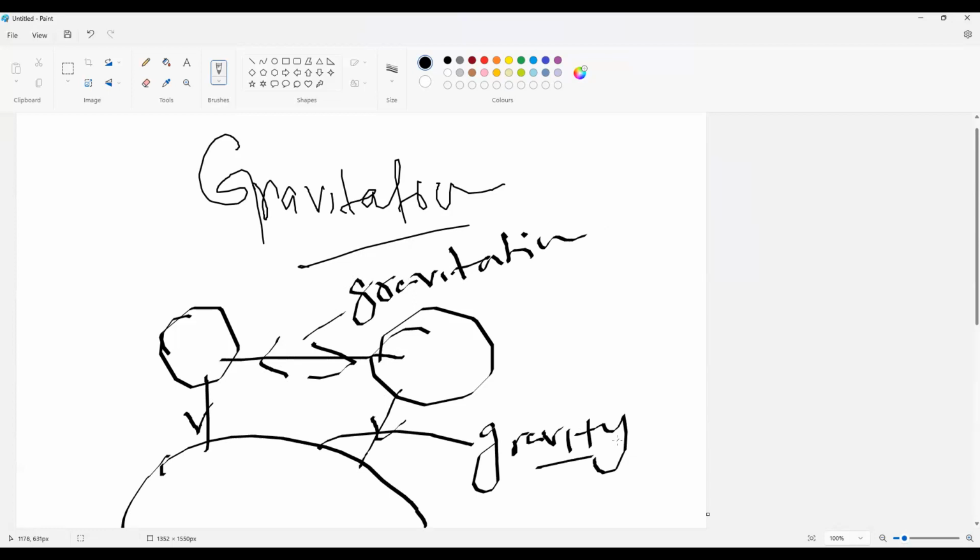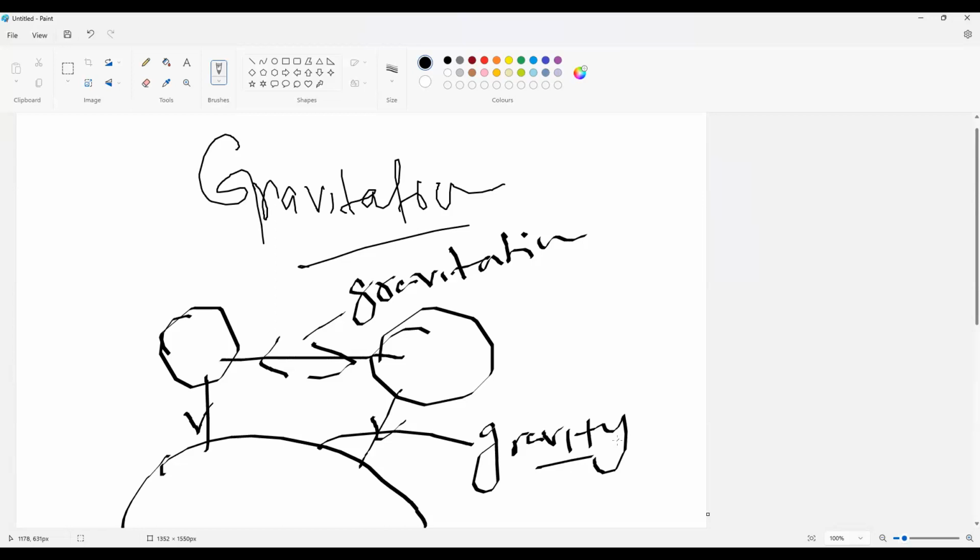Suppose you and the person sitting nearby, or you and a car. Suppose you are standing near a car, or near any animal, or any other object. There is a force between you and that object, which we can't see.